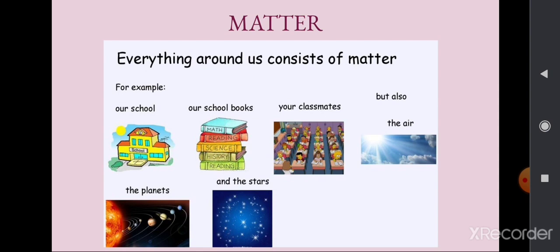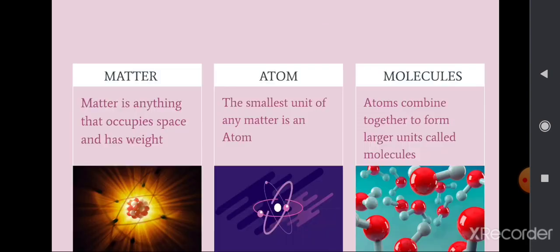Everything that we come across in our lives, like the air you inhale, the books you read, toys you play with, literally everything is made of matter. Matter is everything around you.